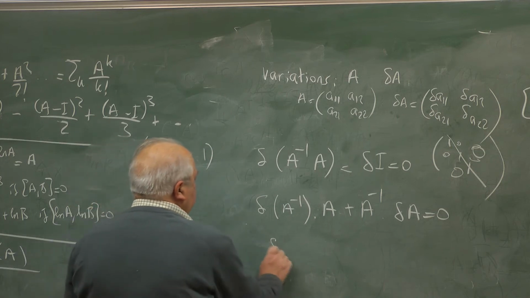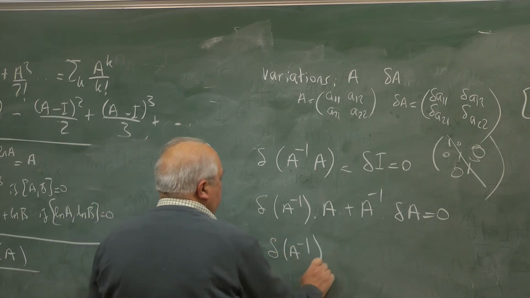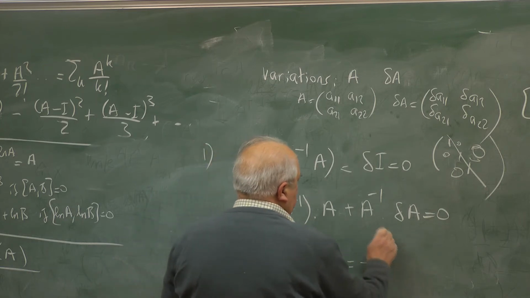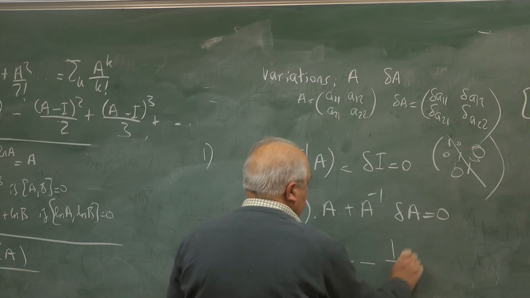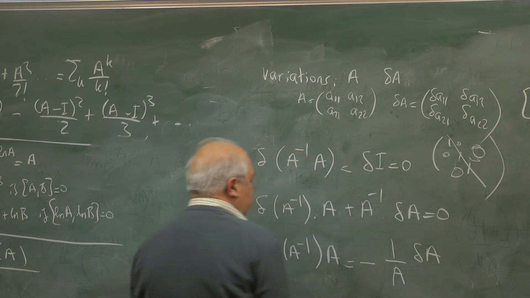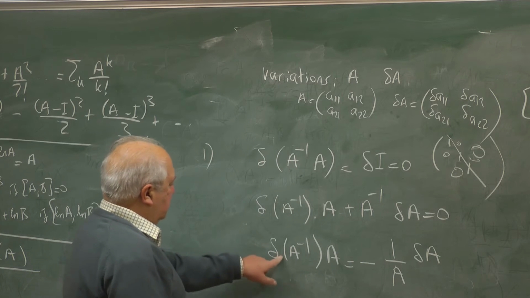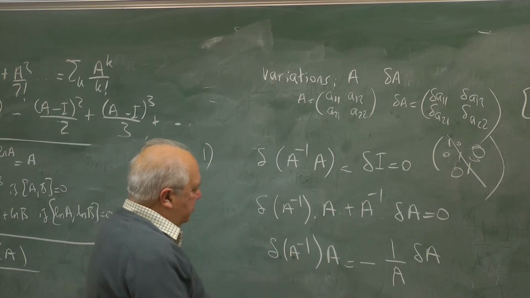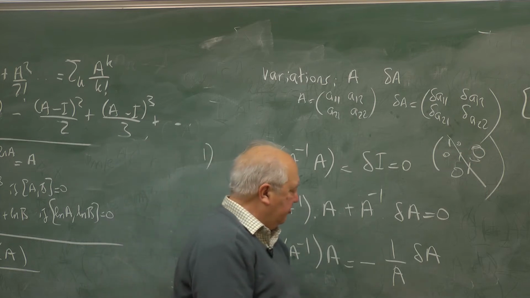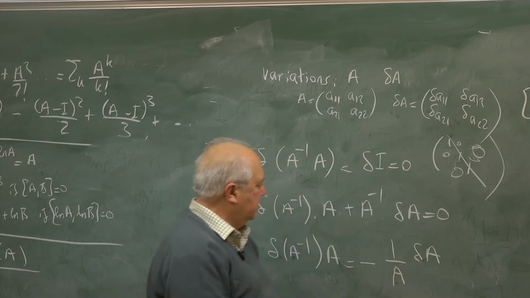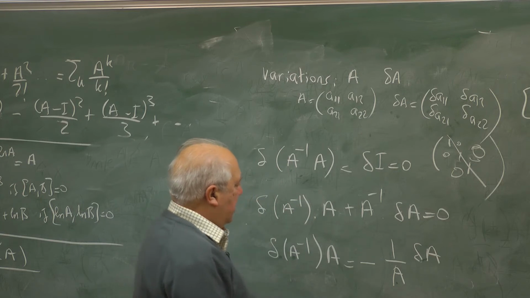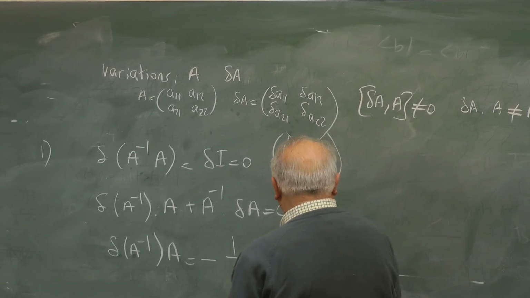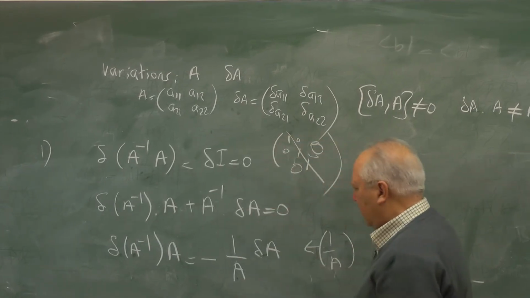Therefore, delta of A minus 1 times A is equal to minus A minus 1, that is 1 over A, delta A. And to get this delta A minus 1 from the right, because I have to keep track of right and left, since delta A and A are not commuting, I now apply 1 over A and multiply it like this.